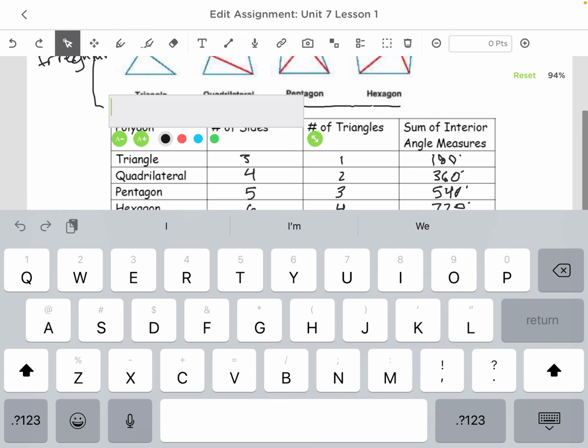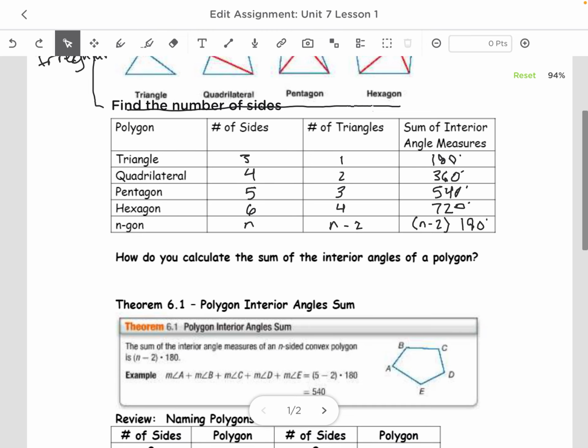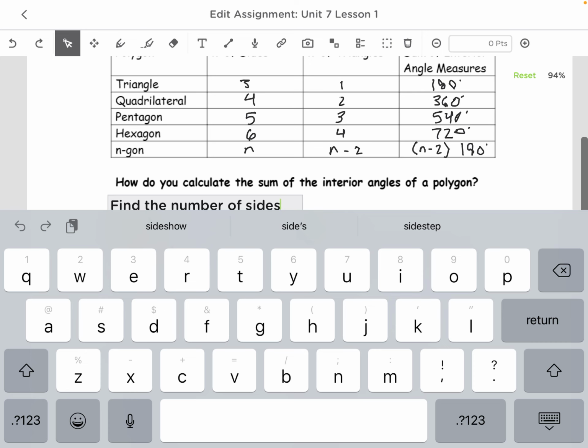We're going to first figure out the number of sides. You might need to count it, or it might tell you. So we're just going to find the number of sides. And I'm putting that in here. Find the number of sides.